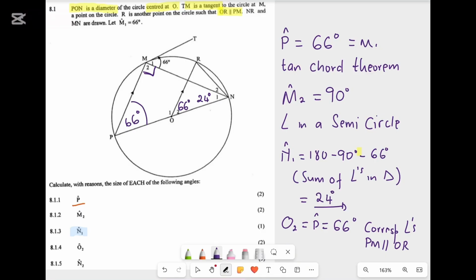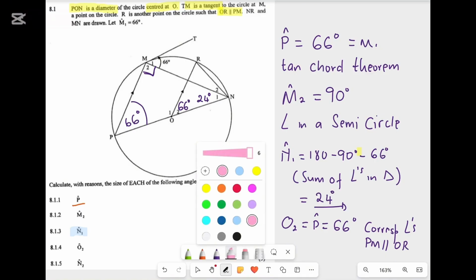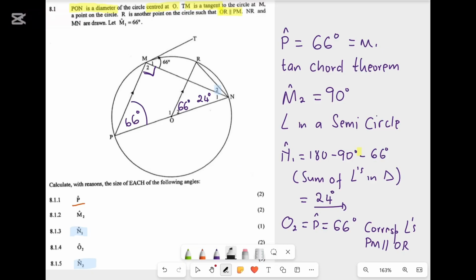Now calculate the size of angle N2. Where is N2? This angle. So we are looking for N2. Now remember again from the statement, they said O is the center. So if O is the center, that simply means OR is a radius, even ON is a radius. So these two are equal radii.